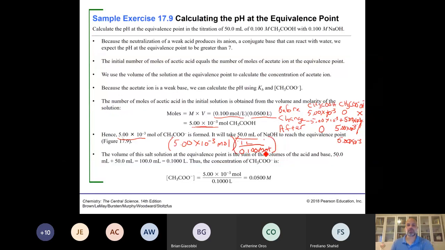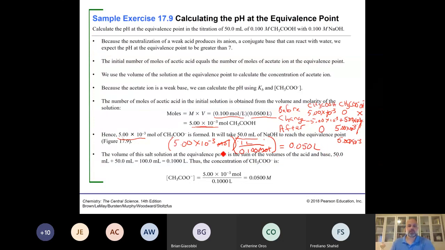Right, so we do the math, the moles are going to cancel, and in the end, you're going to see 0.050 liters or 50 milliliters of the sodium hydroxide solution is going to be needed.